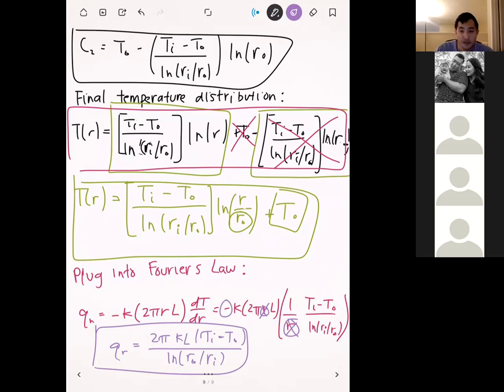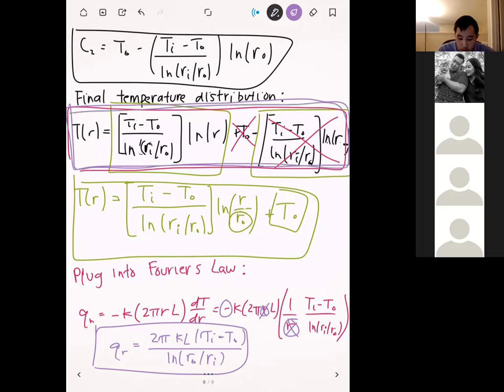Yeah, can you explain to me how dT/dr when solving for Q_r became that again? Sure. When we do dT/dr, we're basically taking the r derivative of our temperature, right? And actually the place that I started with was the long form of the solution, which I have boxed in purple up here.